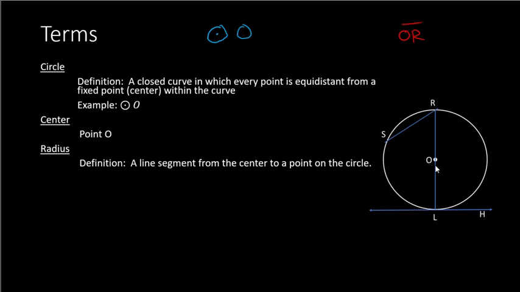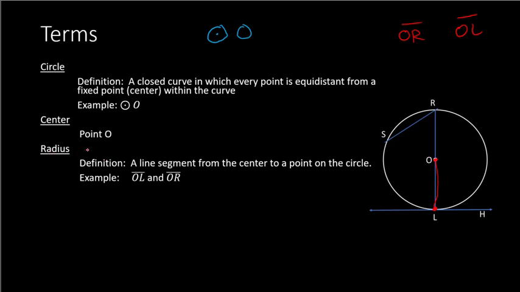Another radius in this picture would be the segment from point O over here to point L. So that segment OL is also a radius. It's connecting the center to another point on the circle. So OL and OR both would be radii of the circle. And by the way, radius is singular.